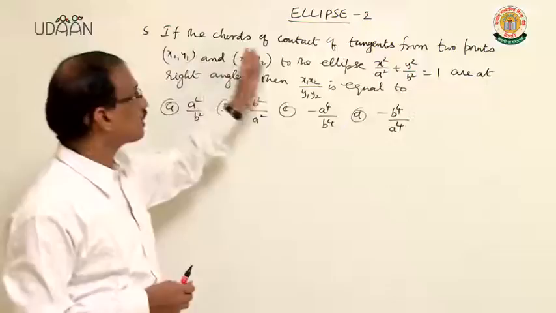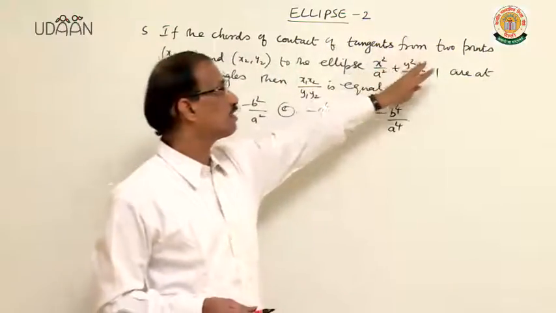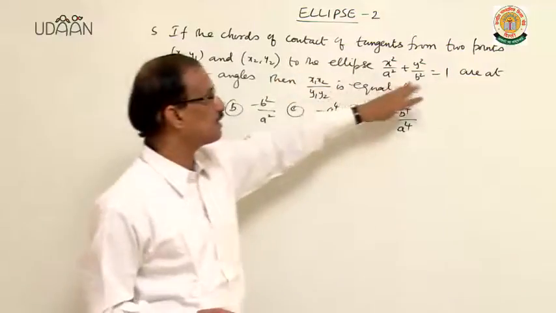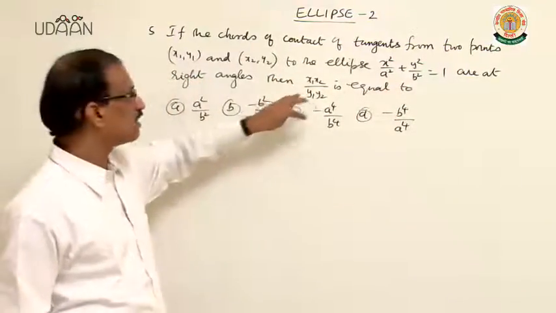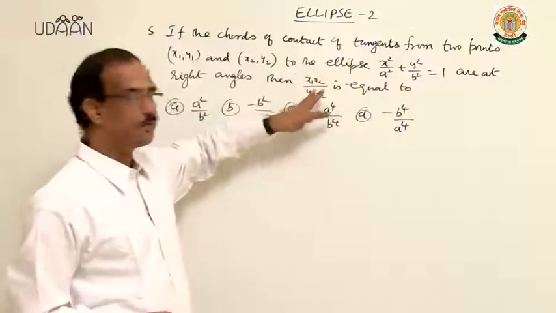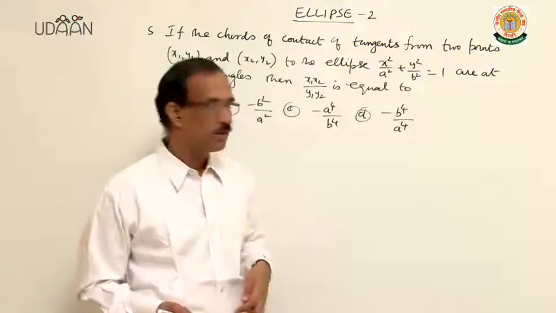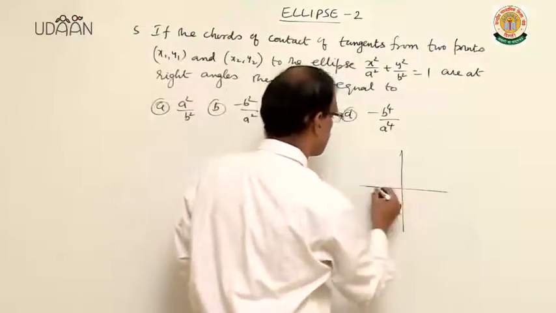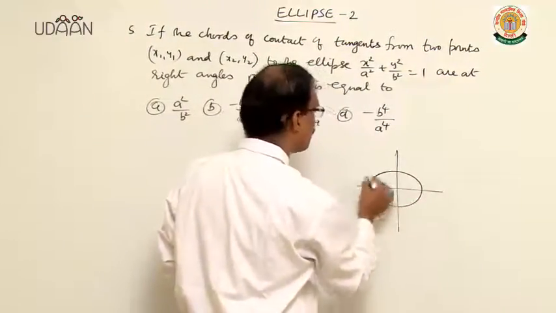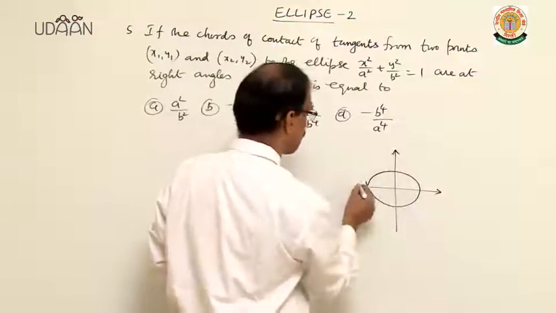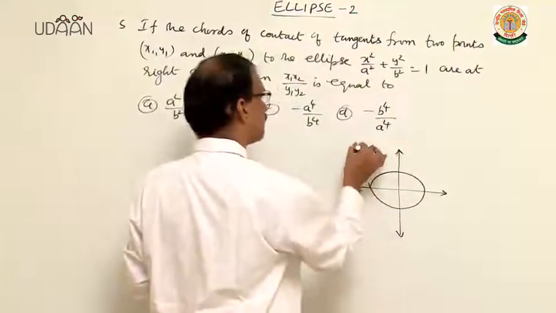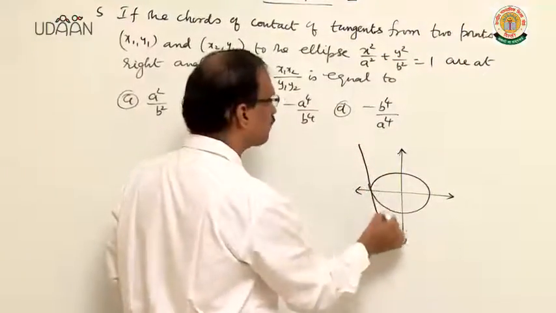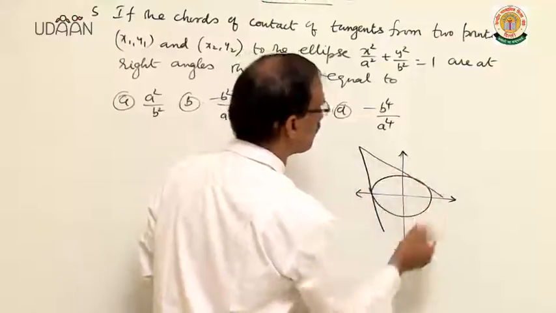If the chords of contact of tangents from 2 points x1 y1 and x2 y2 to the ellipse are at right angles, then what is the value of x1 x2 by y1 y2? So chords of contact means what? It is your ellipse. If you take tangents from a point, you may draw 2 tangents to this ellipse.